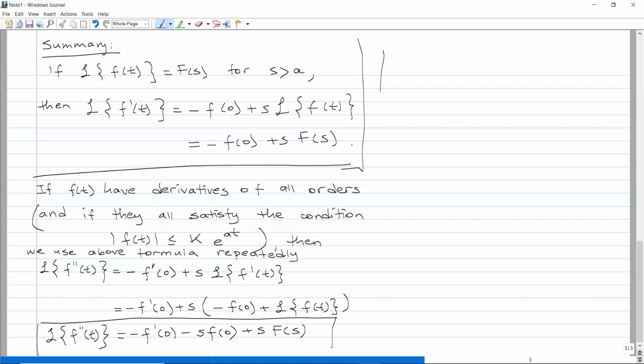What about the third derivative? Third derivative is the derivative of the second derivative. So by the formula, let's call the main formula by star. So by star, this is minus the second derivative at 0 plus s times the Laplace transform of the second derivative.